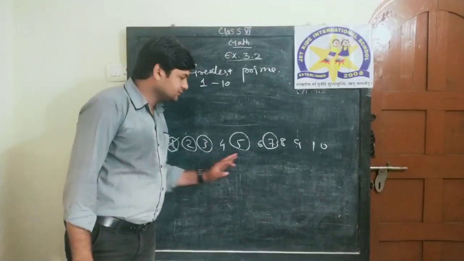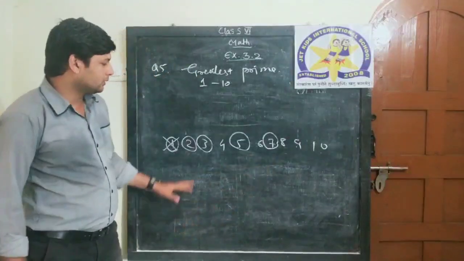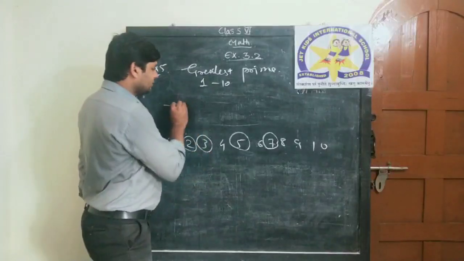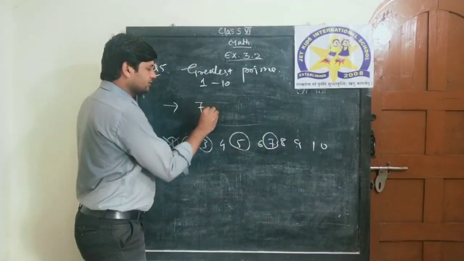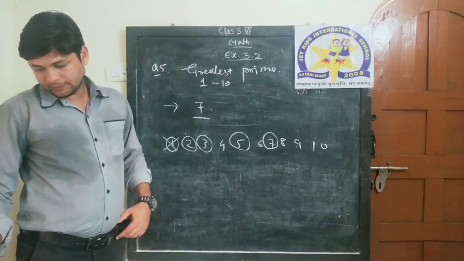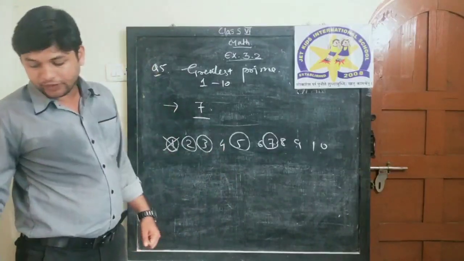These are the prime numbers we already found. Now 7 is the greatest prime number. We can see 7 is greater than 5, 3, 2. So you will write a similar thing in the same question. Question number 5: 7 is the greatest prime number among all these numbers. Clear? So this was our question number 5.